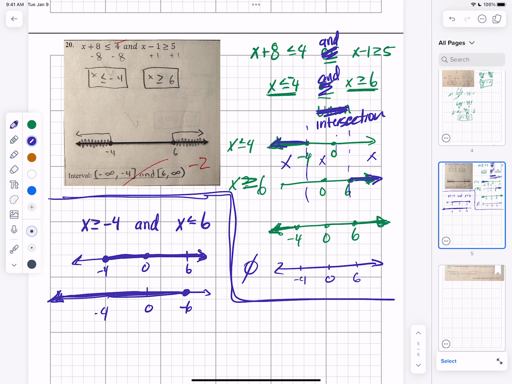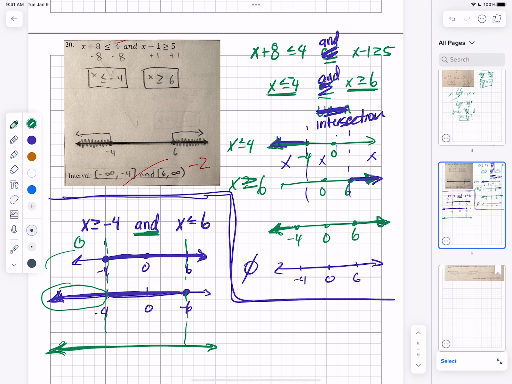Now we've got to look, if you look at this in terms of 3 sections here, where do I have both things being true? It needs both of them to be true. Well, over here in section 1, it's not true, because only this one is true and this one isn't.